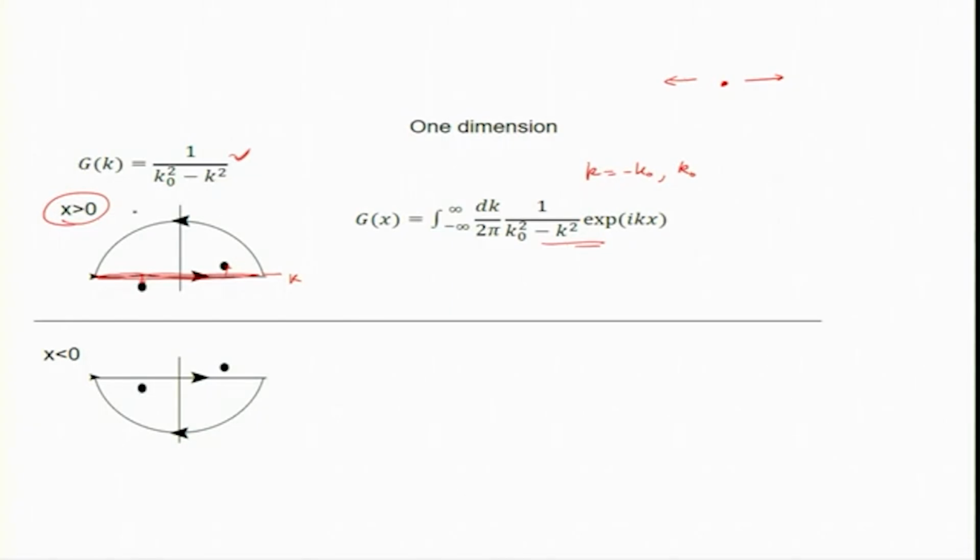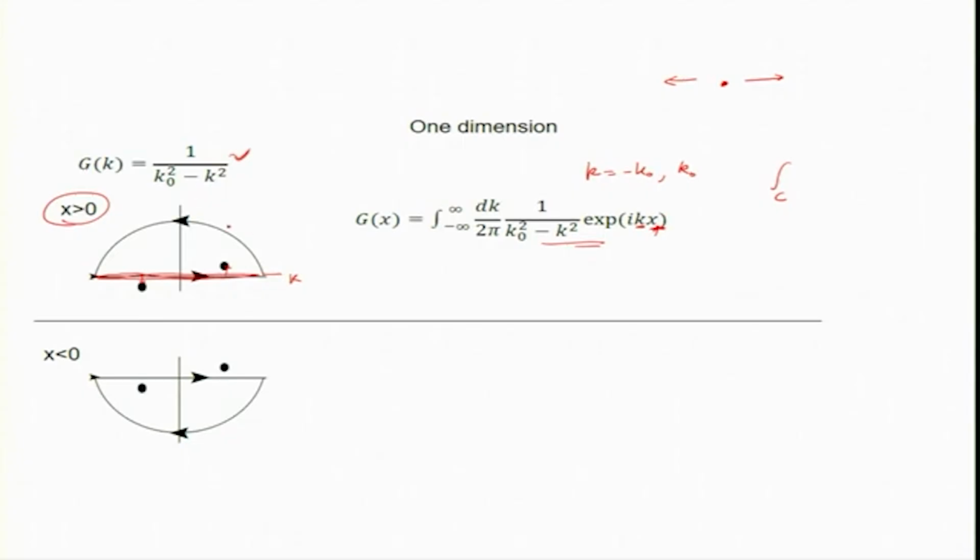Okay. Closed loop integral means I need to close the contour. So, which side of the contour, upper plane or lower plane, should I choose so that my semicircle gives 0, right. I want the integral over the semicircle to go to 0. By Jordan lemma, x is positive, k can be negative or positive, okay, or k is a complex number.